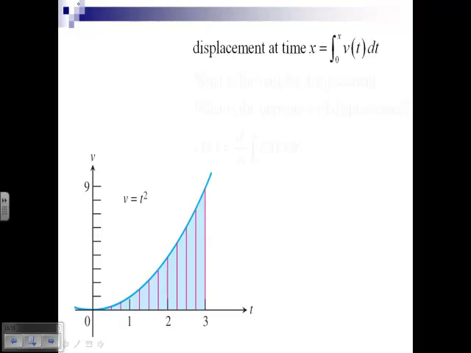I want to introduce this new kind of definite integral. In this case, it goes from 0 to x. The lower bound is 0, and the upper bound is x.